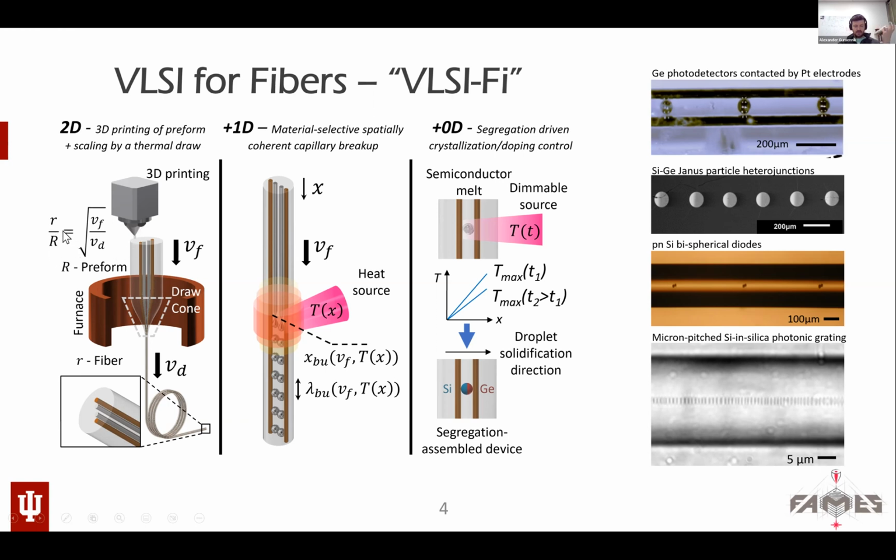So if, for instance, you have a centimeter thick preform and you want a fiber that would be 100 micron in thickness, you have a scaling factor of 100, okay? In terms of speed ratio, it has to be a ratio of 10,000, and it also means that the scaling factor in length is 10,000.